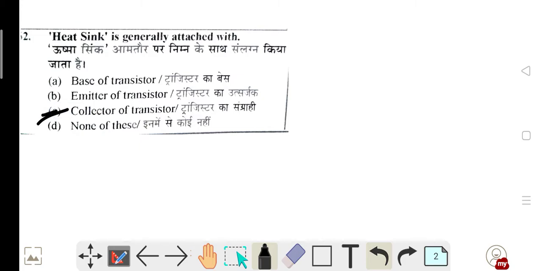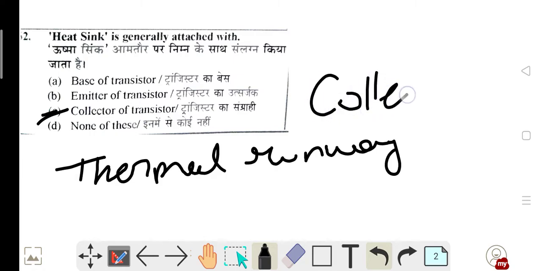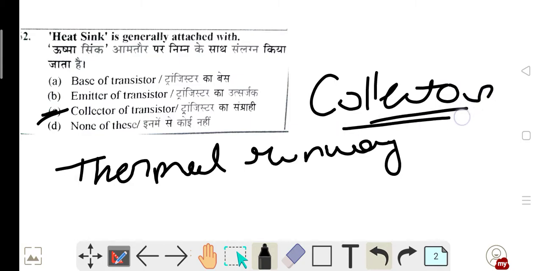Because of thermal runaway, or some extra heat, that's why we join the heat sink at the collector of transistor. Okay, you have to remember it, the collector of transistor is a very important question.